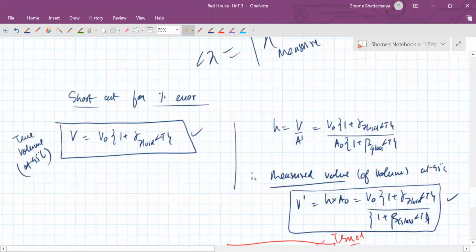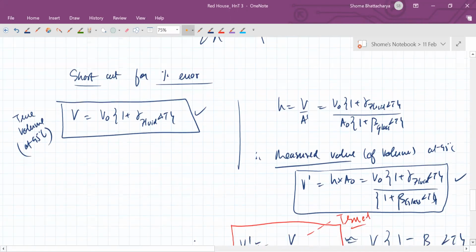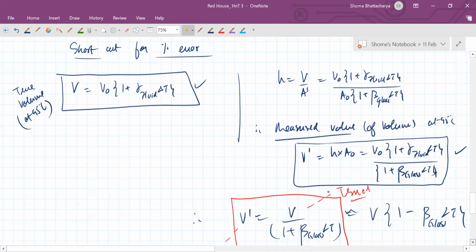Wait, let me magnify it. This part. No, वो V है बेटा. It's all deltas.